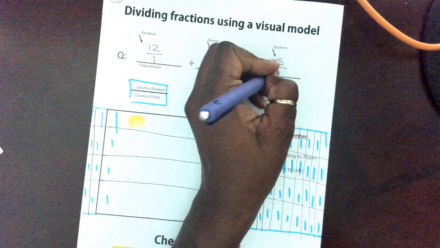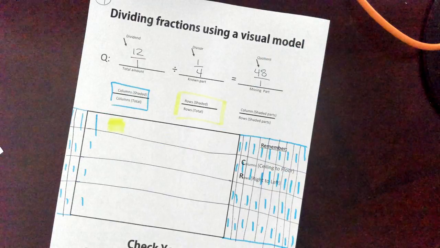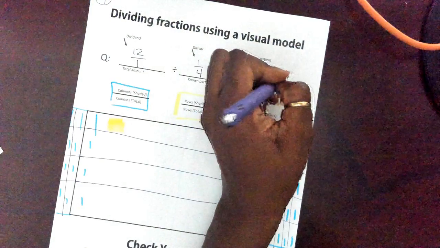And in this case, we have 4 times 1, 2, 3, 4, 5, 6, 7, 8, 9, 10, 11, 12. So we have 12 times 4, which is 48. And our rows, originally it was 1. So our answer is 48 over 1, or as a whole number, it's 48.